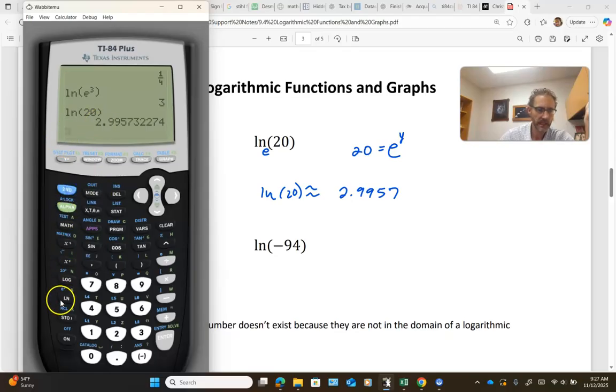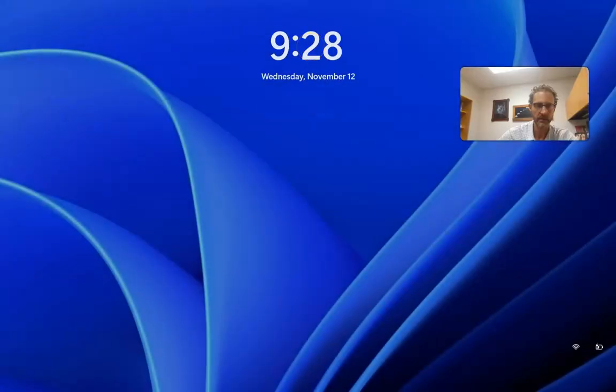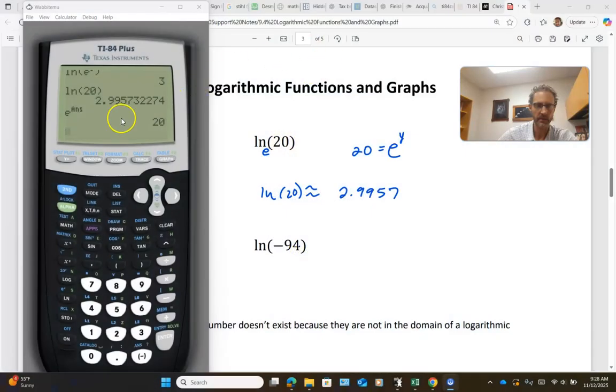If I take e and I raise it to this power, I can actually input this previous output from the calculator in here by saying second and then hitting the answer key. We'll take this answer and plug it in for the exponent. So when I do that, hit enter. Well, my computer froze again. I hit enter, I actually get 20.